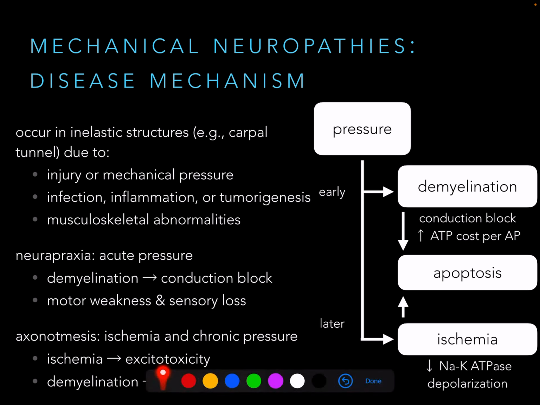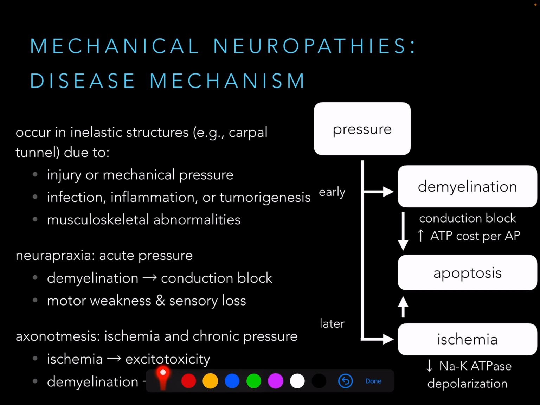So with mechanical neuropathies, what's going on is that some pressure is placed onto the nerve at some inelastic structure. Great example is the carpal tunnel. Now, what's causing the pressure? Well, could be some kind of an injury that changes the structure of that inelastic place. So it could be it moves the bones around or something along those lines.